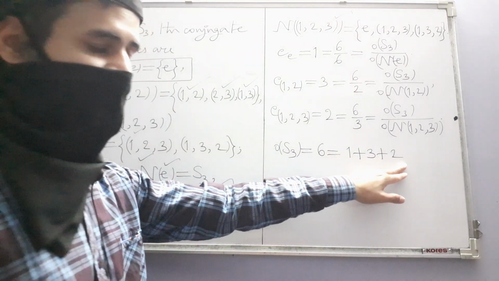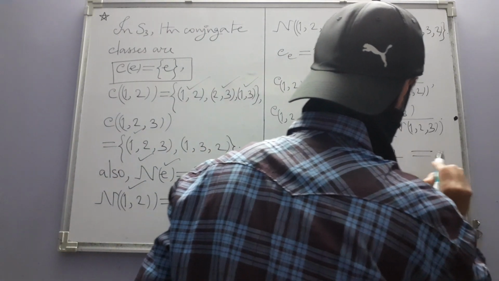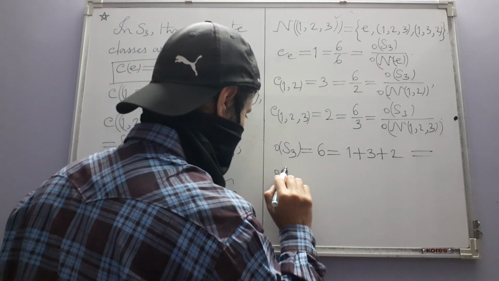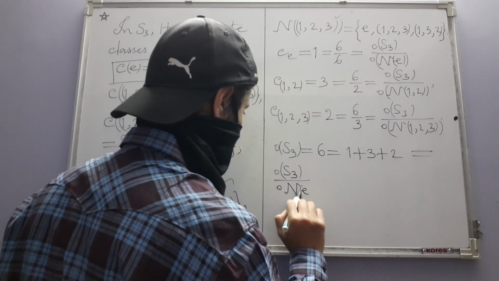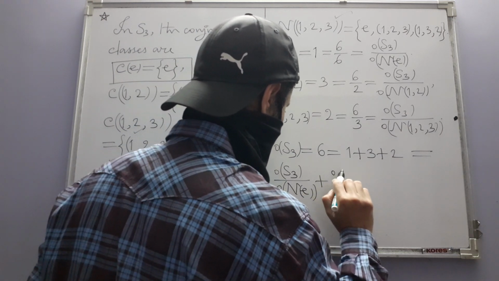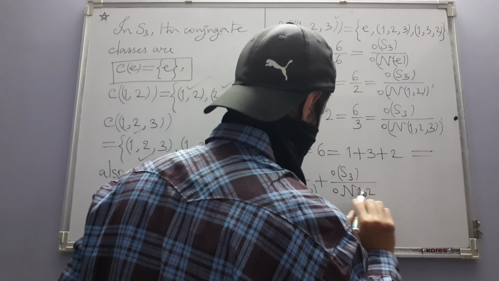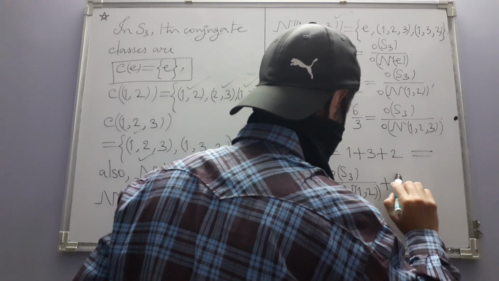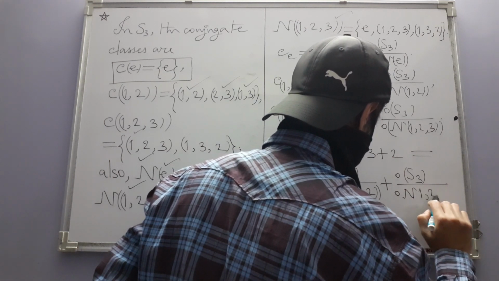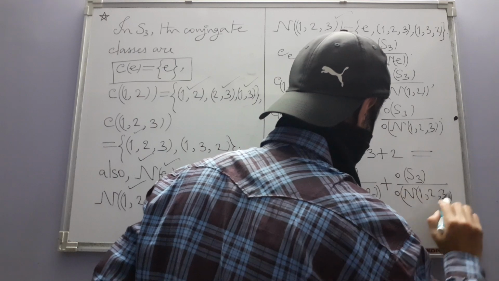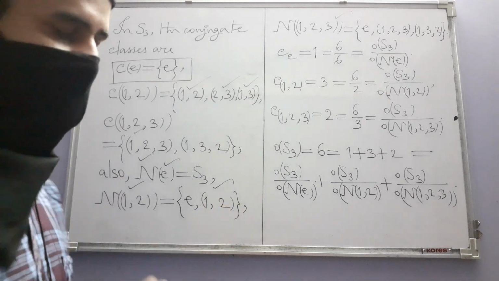These are the conjugate class sizes. But that now is nothing but this, and this is that sum that we see in the corollary, in the statement.